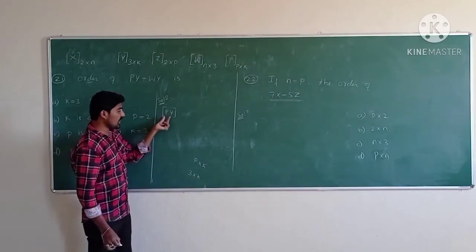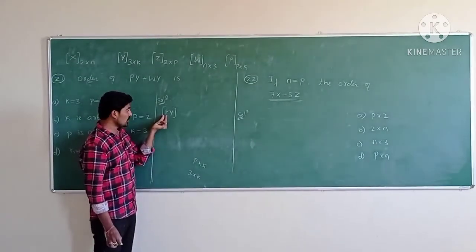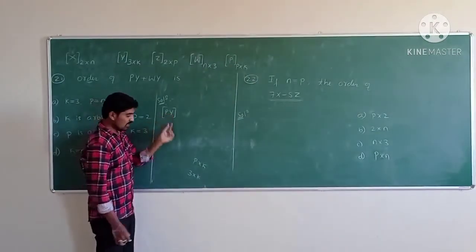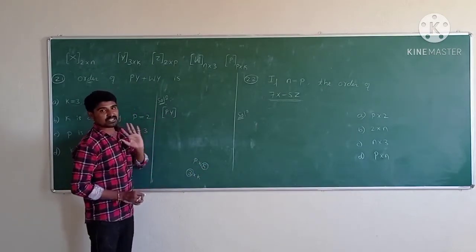So to define PY, the number of columns in P should be equal to the number of rows in Y. Therefore k should be equal to 3. Then only the matrix PY is defined.